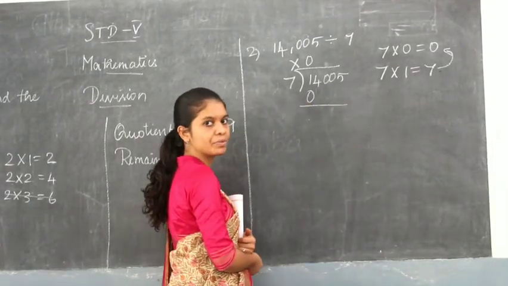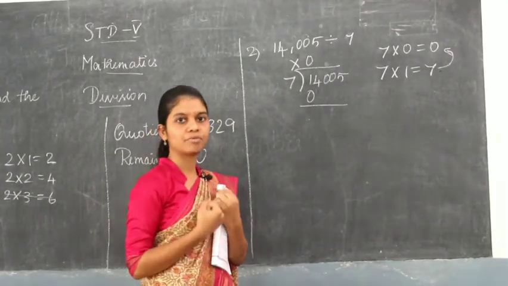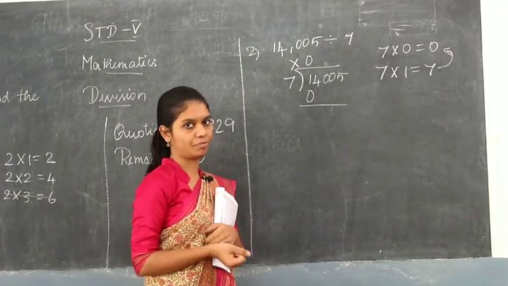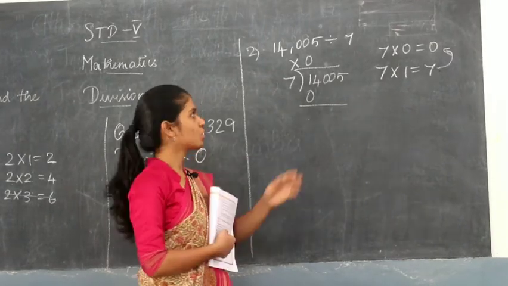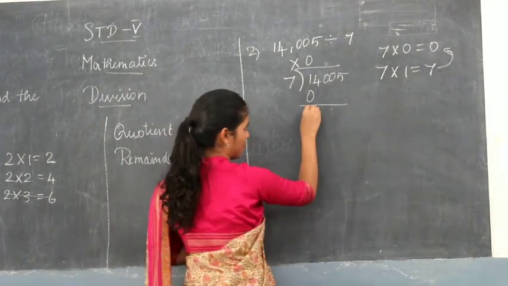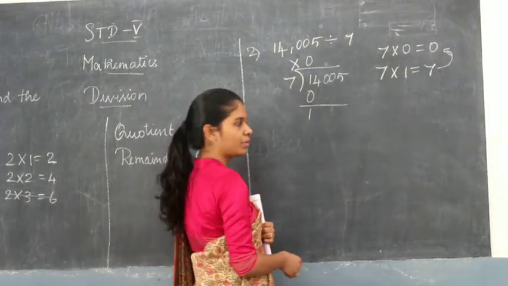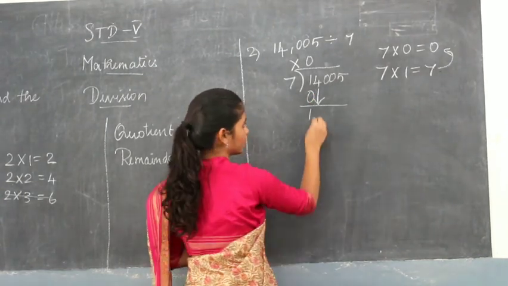Then you should subtract them. 1 minus 0. If you subtract 0 from any number, you will get the same number. So 1 minus 0 gives you 1 itself. Then you should bring the next number down, which is 4.